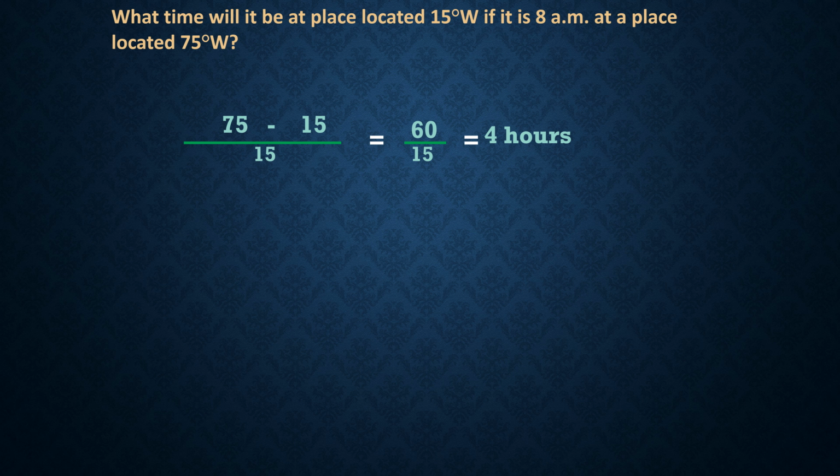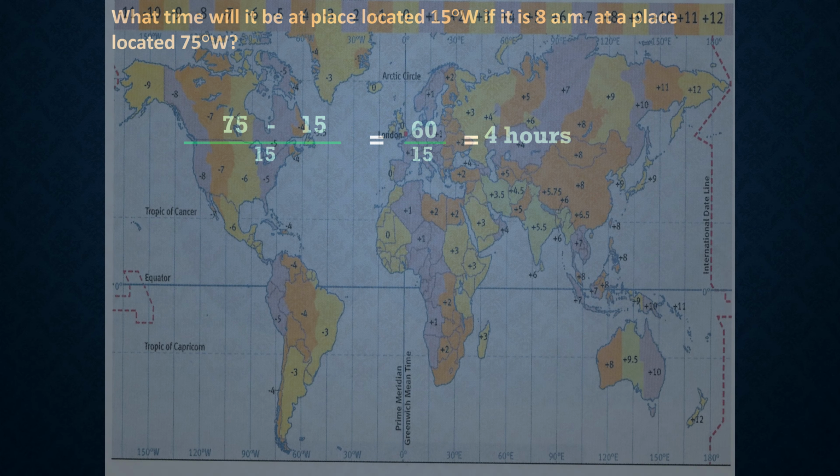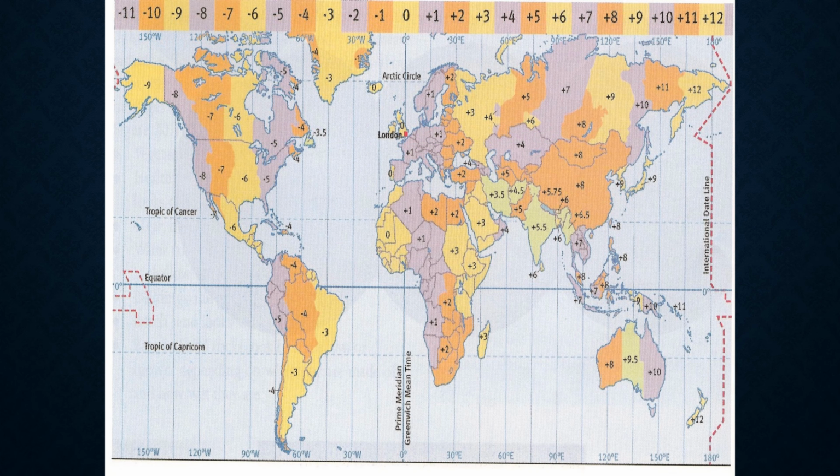Let's see what we're working with here, because it might look like a straightforward slam dunk, right? Okay, let's see what's going on. Let's go back to our chart. Here's our place located at 15 degrees west. Here's our place located at 75 degrees west.